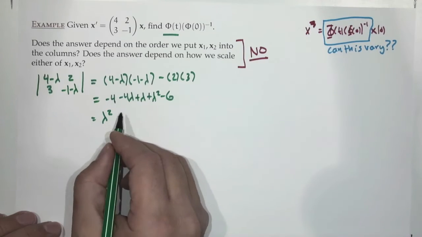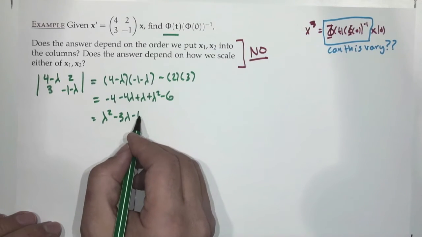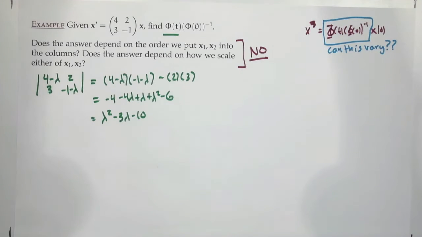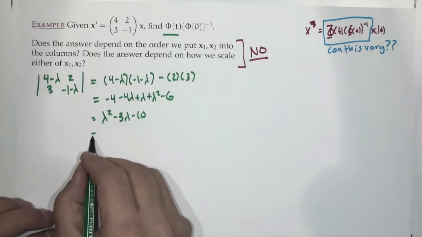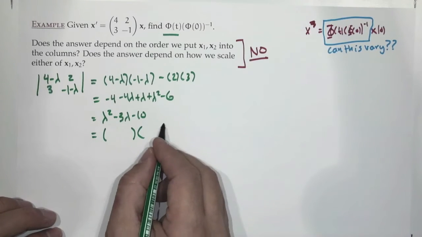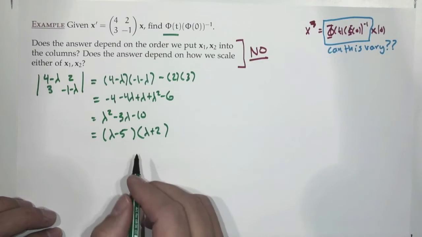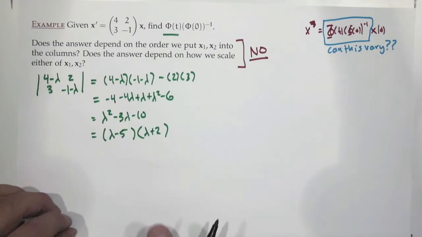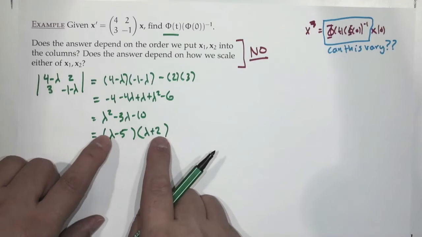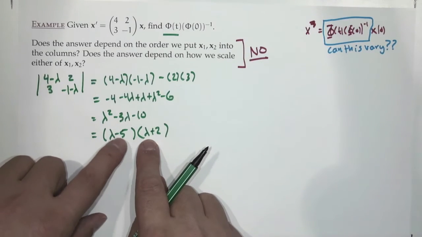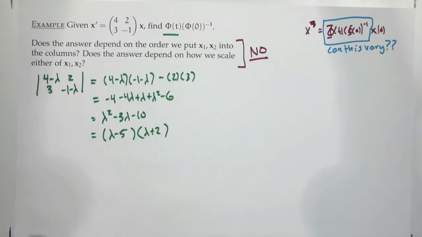That's lambda squared minus 3 lambda minus 10. Does this factor nicely? How does it factor? Minus 5 and plus 2. Lambda minus 5, lambda plus 2. We can, of course, check: lambda squared plus 2 lambda minus 5 lambda is indeed minus 3 lambda. And 2 times minus 5 is minus 10. All right, good. All promising stuff here.